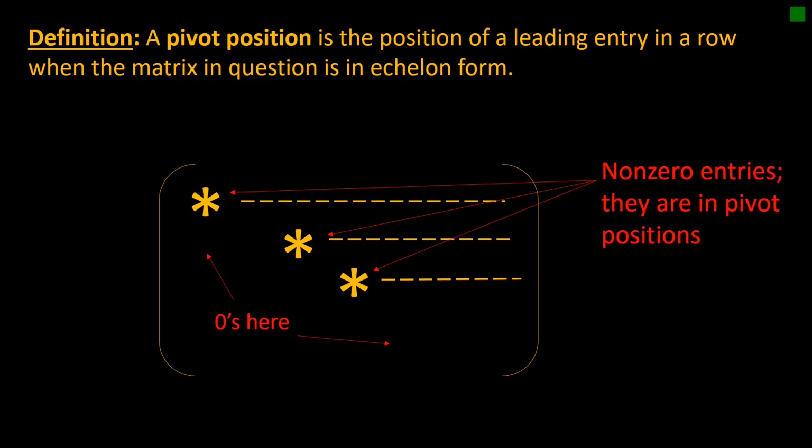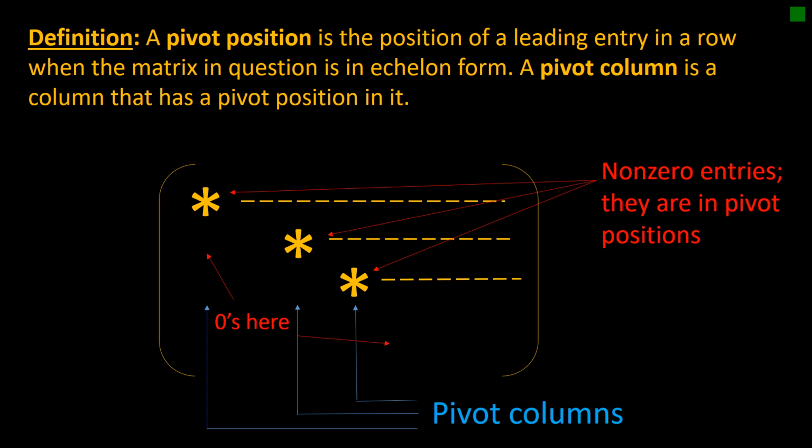So I don't need to actually draw anything there. I just say those are our pivot positions, right? Okay, and a pivot column is a column that has a pivot position in it. All right, so it's assumed that right in here I got zeros, right? So this would not be a pivot column right through here, right? But here's a pivot column right here, and here's one, and here's one, right? Okay.